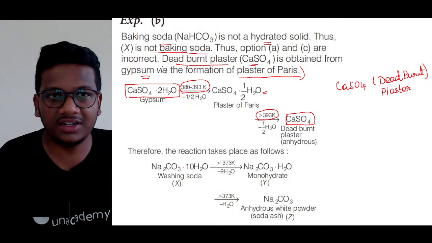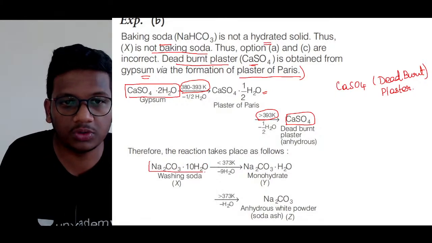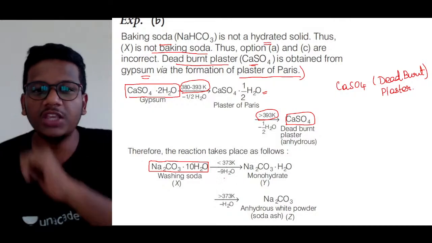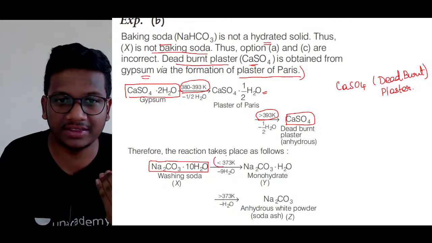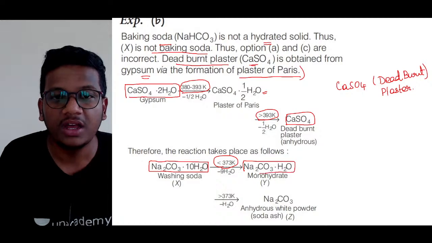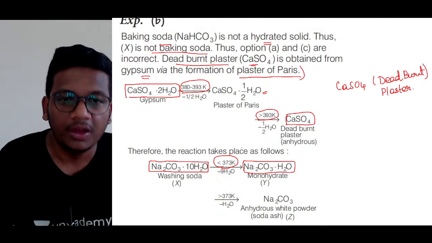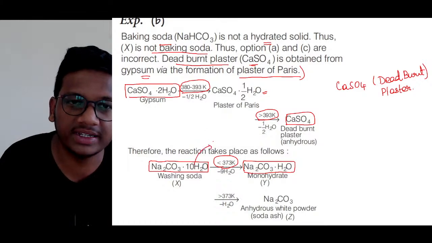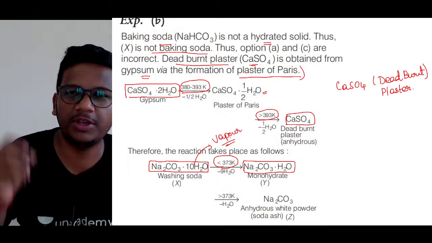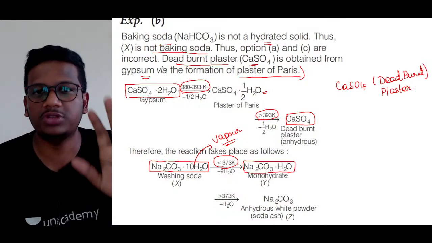But the reaction here takes place as follows. Washing soda, which is your X, a hydrated compound. If you heat it below 373 Kelvin, you will get a monohydrated compound, Na2CO3.H2O, because when heated mildly, the water molecules escape as vapor. Ten water molecules go as vapor, and only one remains, so monohydrated Na2CO3 is present.